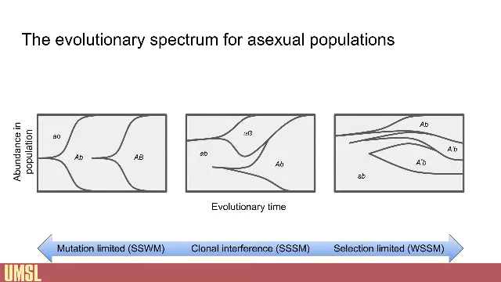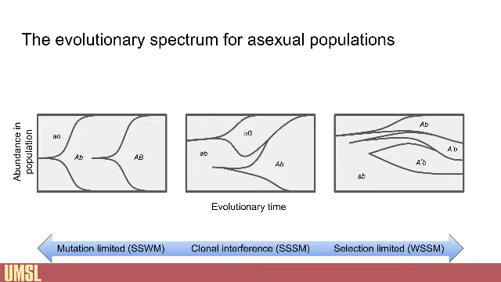So here is sort of the one cell phone manufacturer world. And what I'm showing you here is the abundance in population versus evolutionary time. And the way that I'm graphically representing this is in what's known as a Fisher-Müller plot.